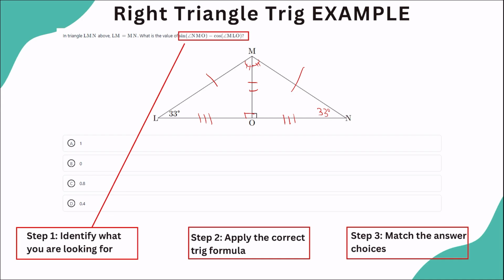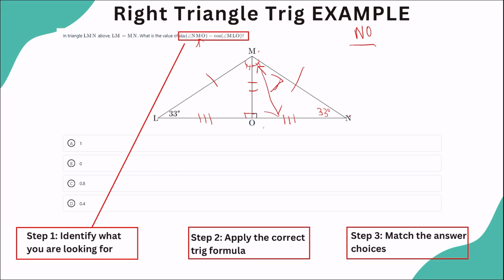Now, let's look at what we're asking. Sine of NMO. And this middle one right here, whatever angle's in the middle is the angle we're looking at. So NMO, we're looking at M, so we're looking at this angle right here. And we're looking for sine. So we're looking for opposite. So opposite is NO. See opposite over hypotenuse, which is this one.